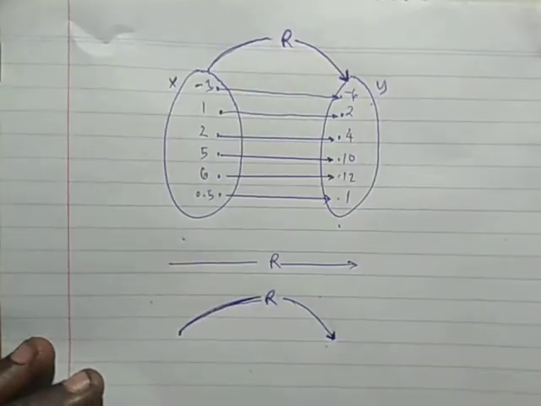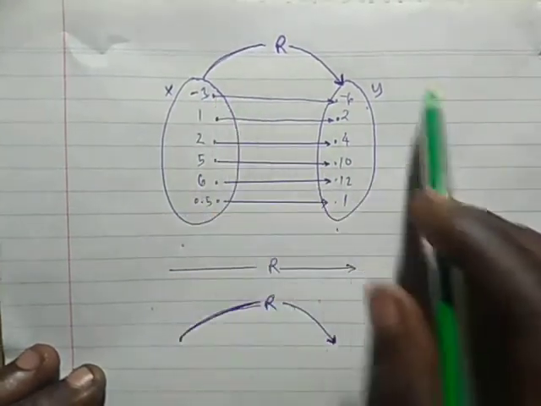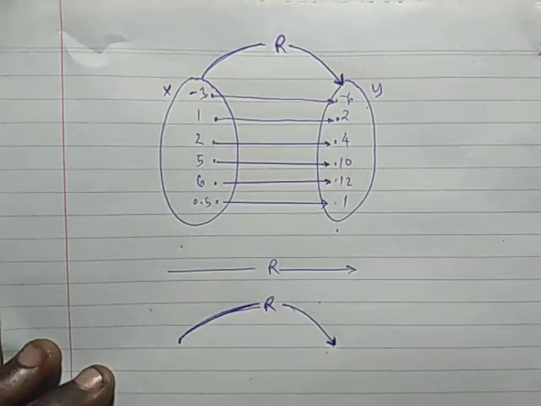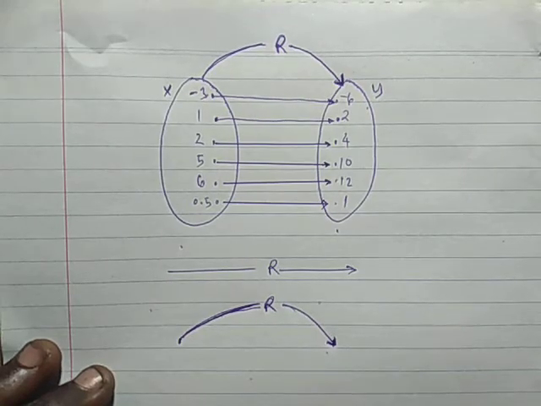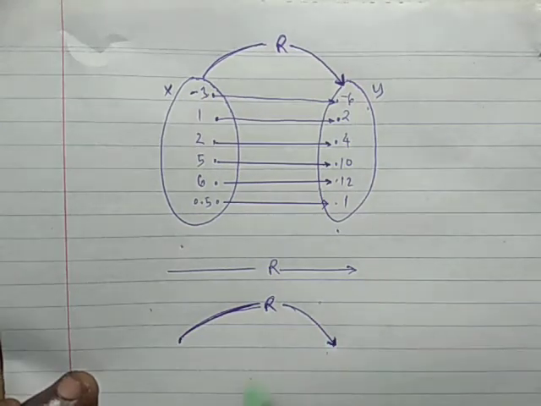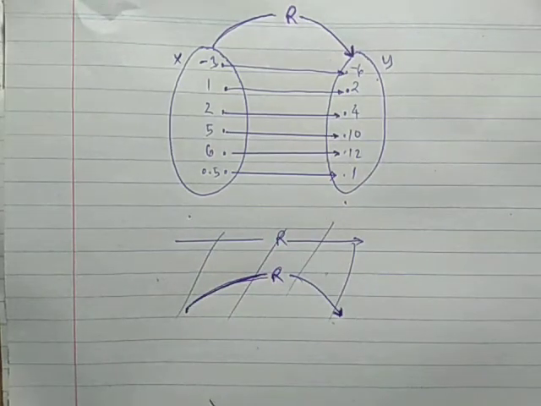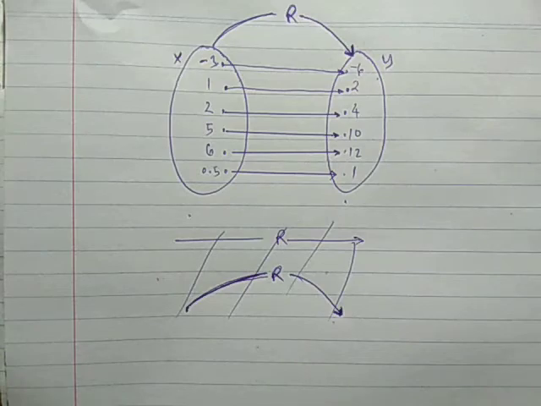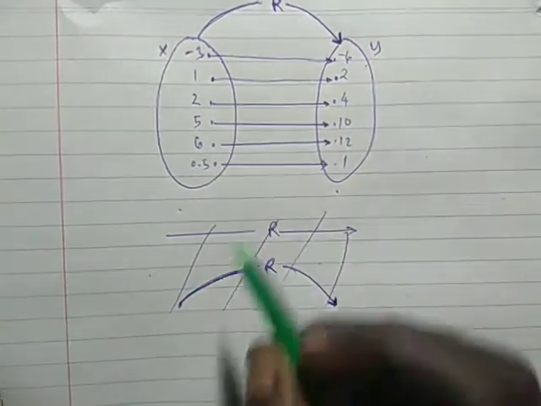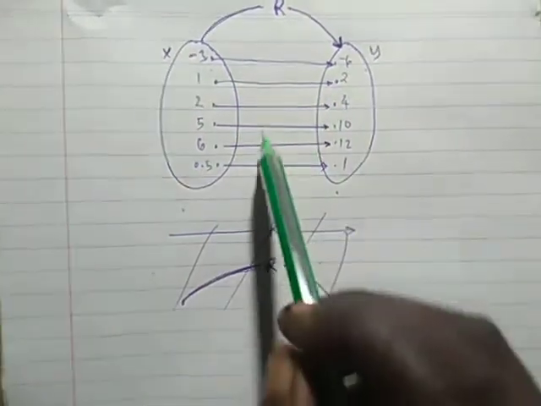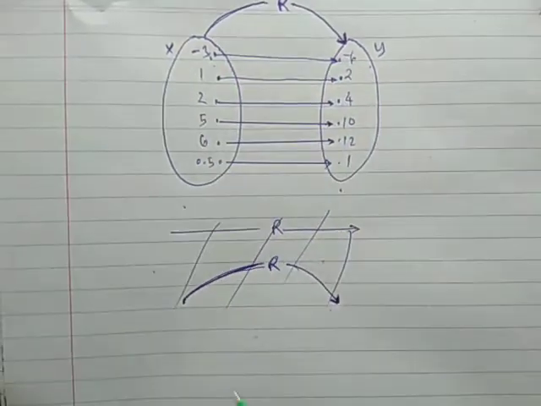So there is a relation between members of the first set and members of the second set. From this relation we can deduce many things. First, we can see the ordered pairs. Every arrow is an ordered pair. -3 and -6 is an ordered pair.